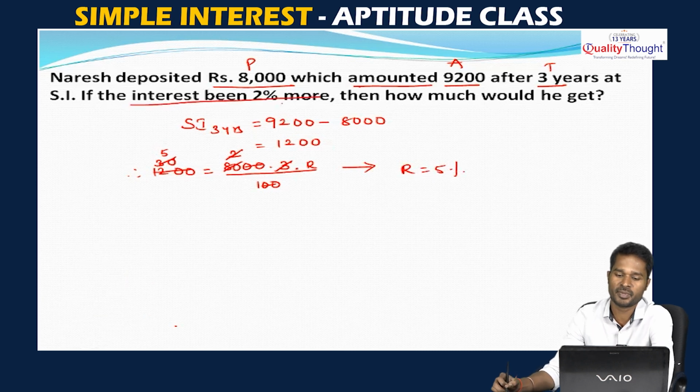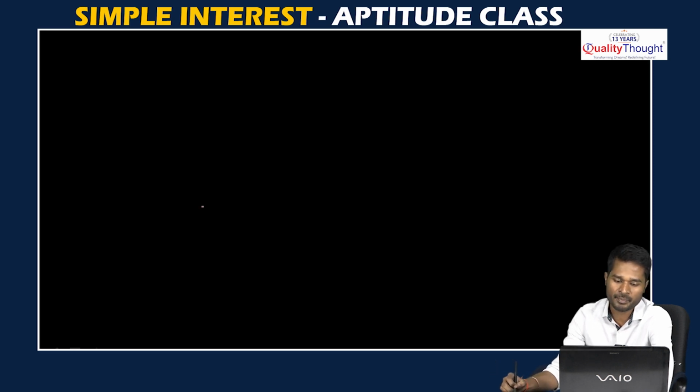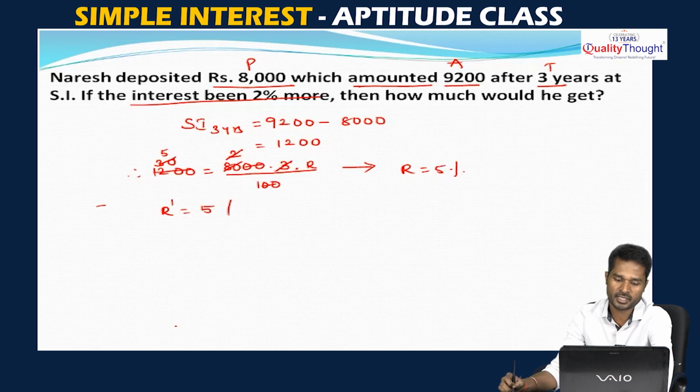If the interest has been 2% more, the new rate of interest will be the original 5% plus another 2%, which becomes 7%. Now, with 7% we will calculate the simple interest he will get. The simple interest is 8,000 into rate of interest 7 for the time period 3 by 100.